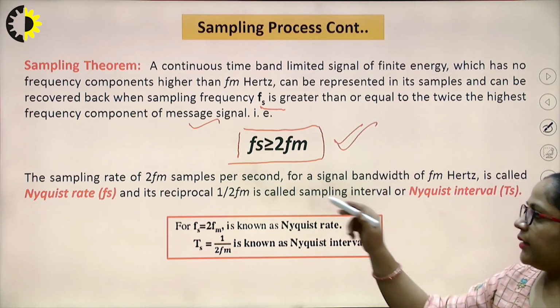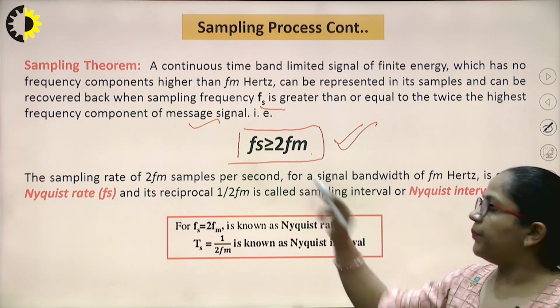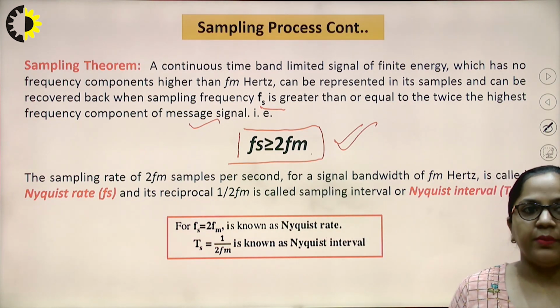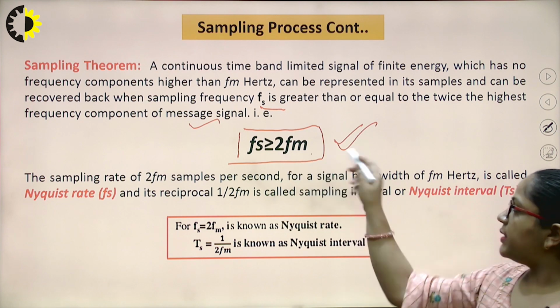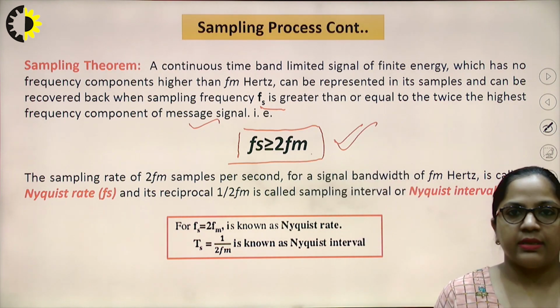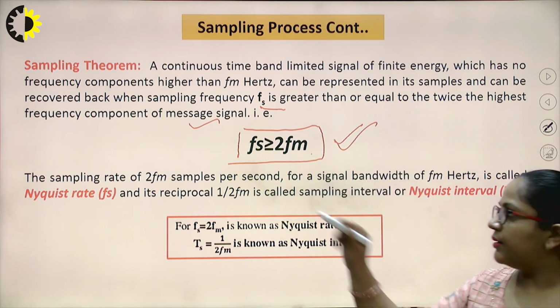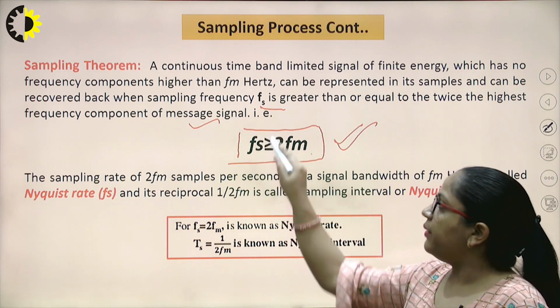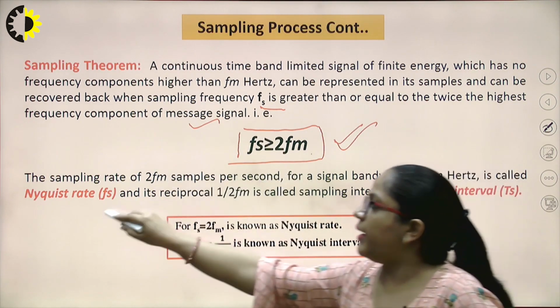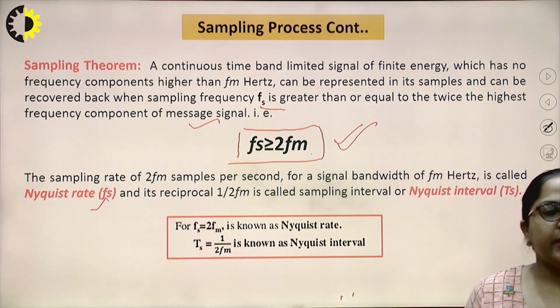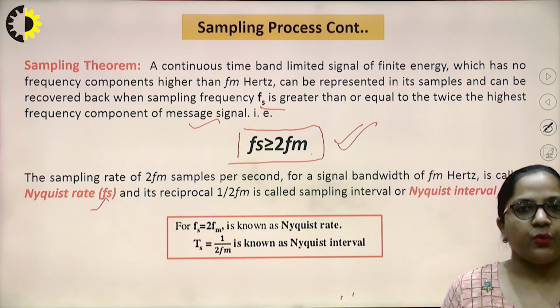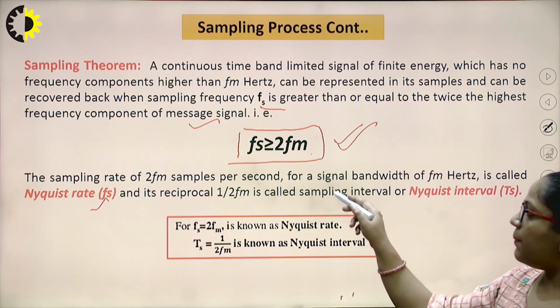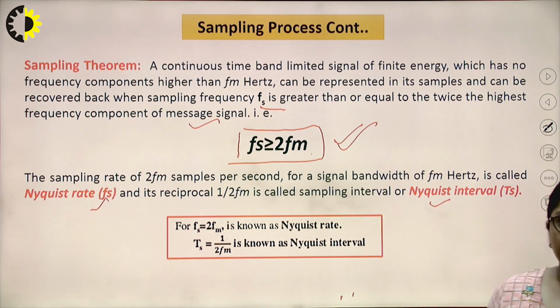The sampling rate of twice Fm samples per second for a signal bandwidth of Fm hertz is called the Nyquist rate. This Fs, that is the sampling rate, is called the Nyquist rate, and its reciprocal, that is 1 upon twice Fm, is called the sampling interval or the Nyquist interval.